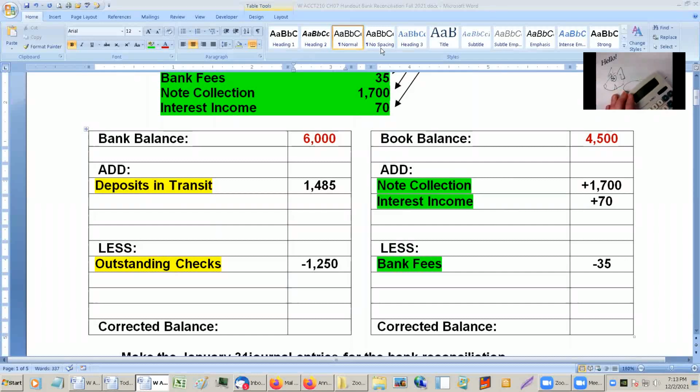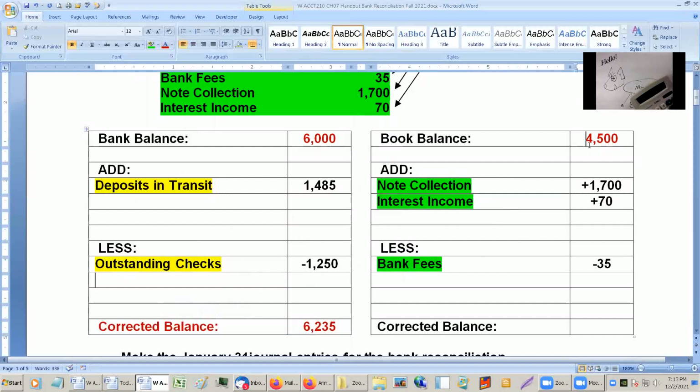So we have 6,000, and the total is $6,235.